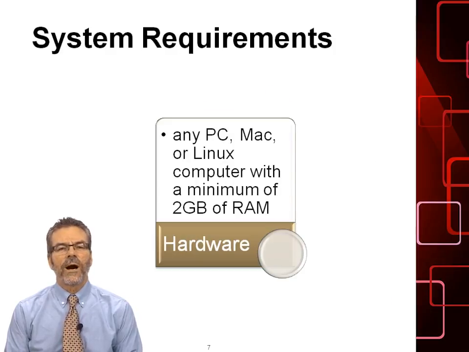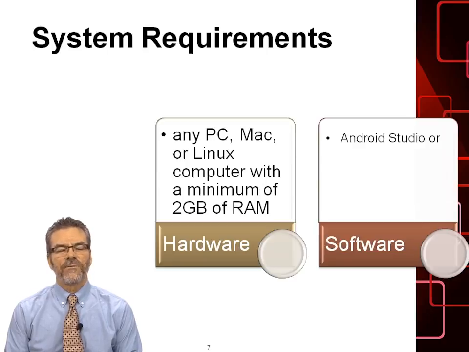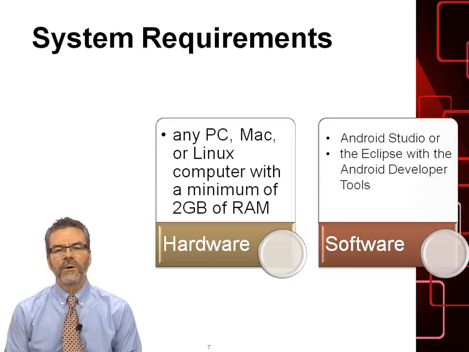So the system requirements to take this course: I assume you'll have either a PC, a Mac, or a Linux machine, and you'll have at least 2 gigabytes of RAM for your hardware. As far as the software, you'll probably have downloaded Android Studio, or perhaps you're using Eclipse. In both cases, both Eclipse and Android Studio will use the Android developer tools.